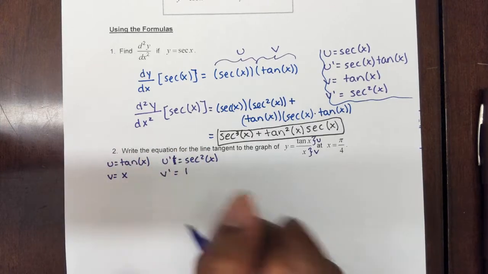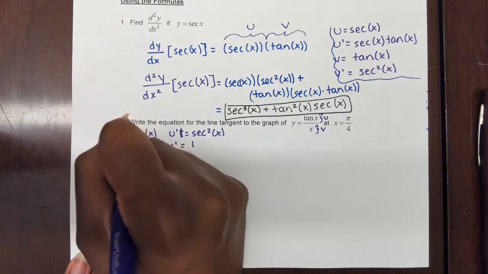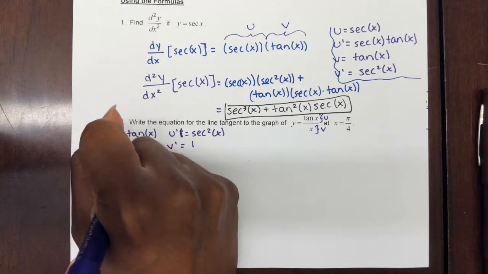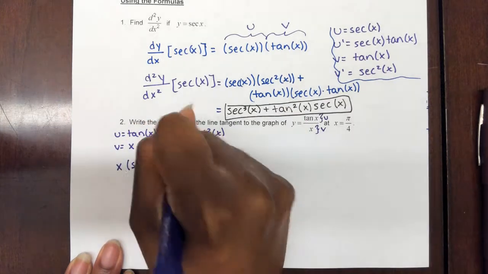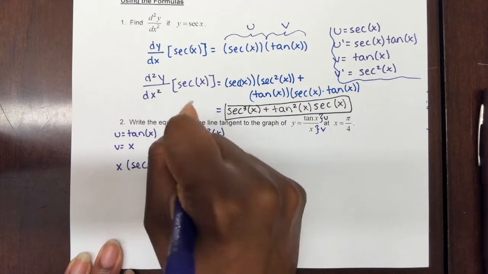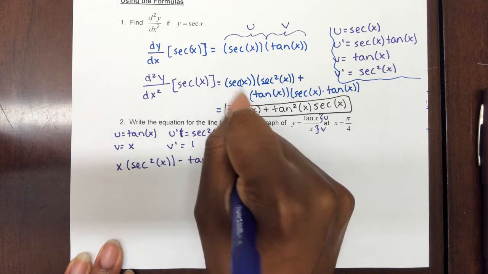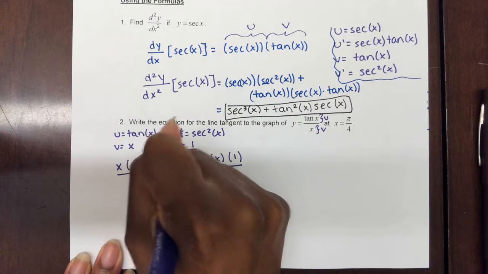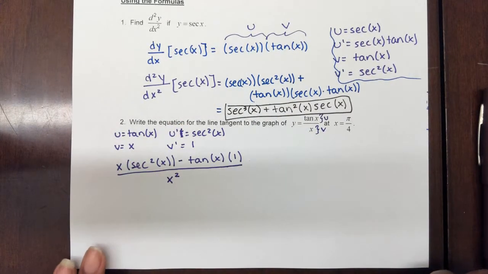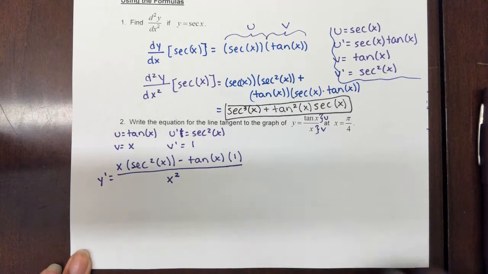So when we set up our formula, we have x times secant squared x minus tangent x times 1 all over x squared. So that is my derivative, that is y prime.